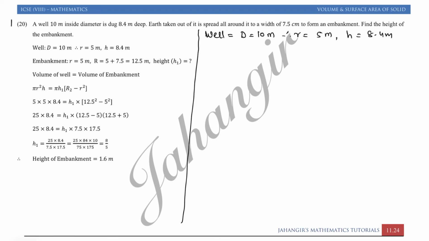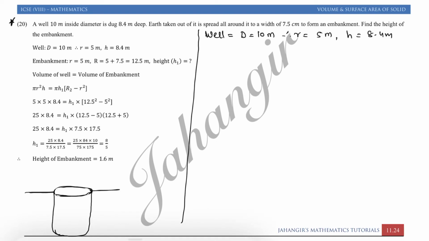So this question is a bit confusing, so I will just explain it. Let us take this as the ground level. We are digging up the well over here. Let us erase some part. This is the well which is dug up.